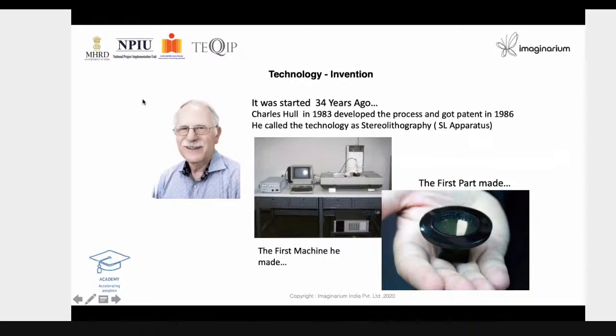And it all started a long time ago, 34, 36 years back now. As time goes on, things are changing. You have Charles Hull, who actually had the first machine made and first product developed, right? And so after this, there is no looking back.